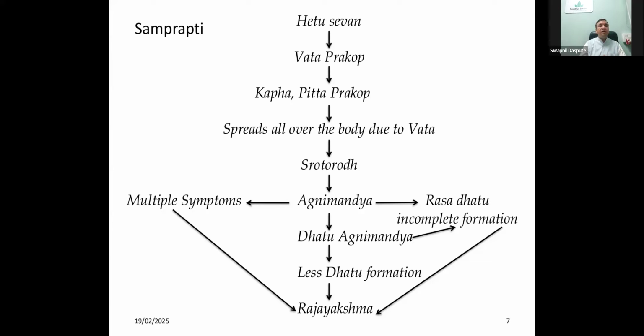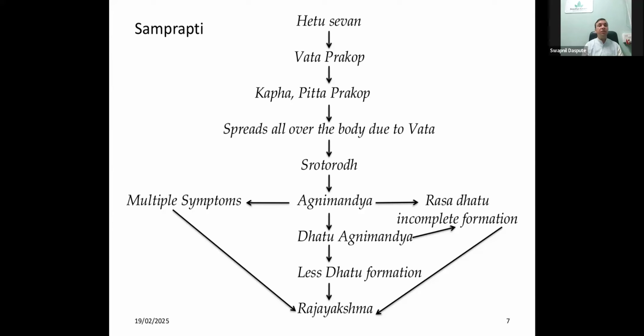So because of pitta and kapha spreading all over the body, there will be blocking or clogging of the channels, the srotas. So srotorodha will happen, which will obstruct the natural movement of vata, and then vata will start going haywire. So srotorodha and agni mandya will be seen.